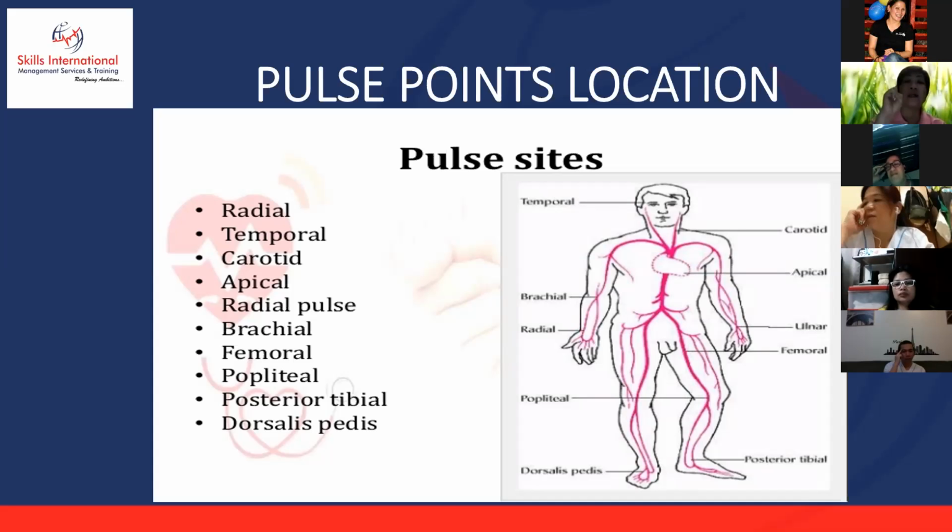These are the only 2 fingers to use while taking the pulse. Okay? The pointer and the middle finger. Only 2. So now we have the temporal. Feel the pulse on the temporal.